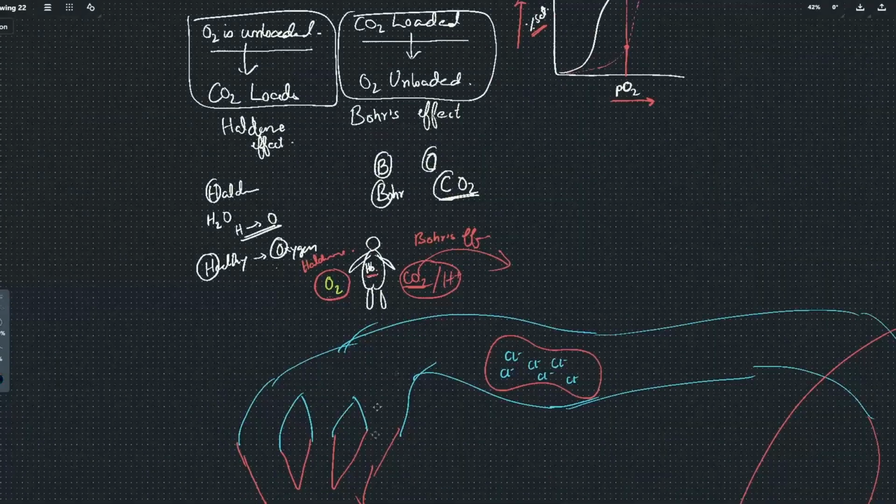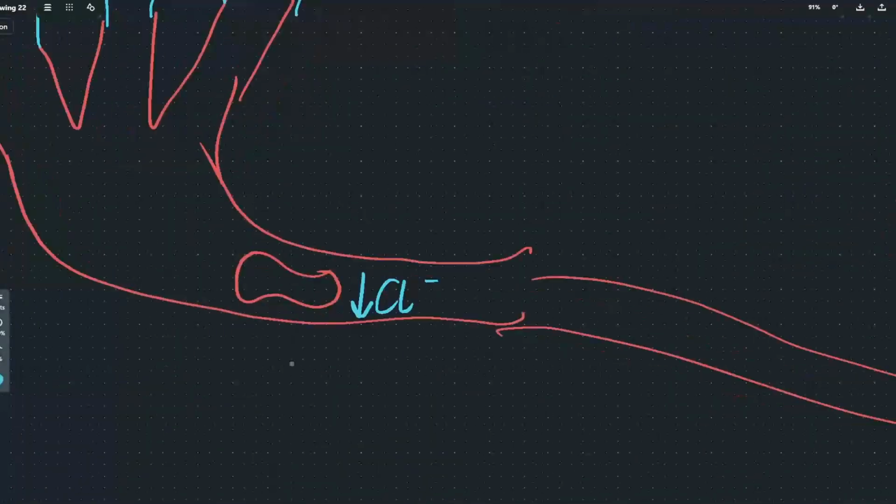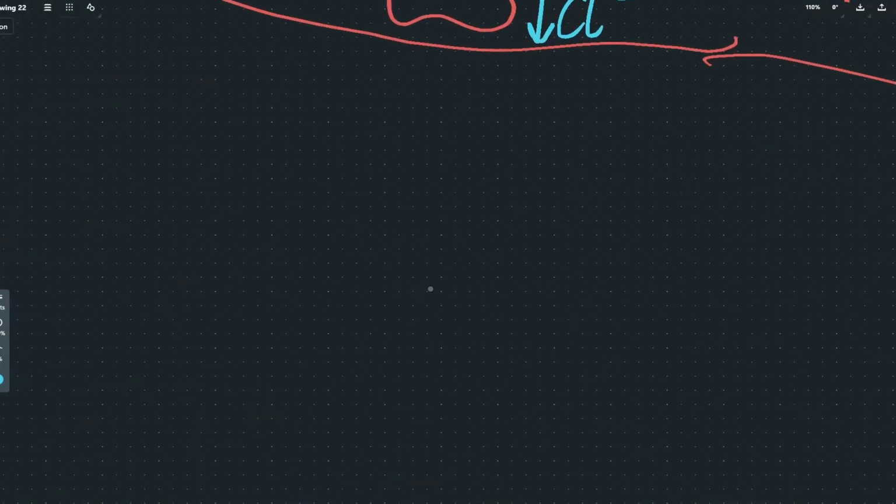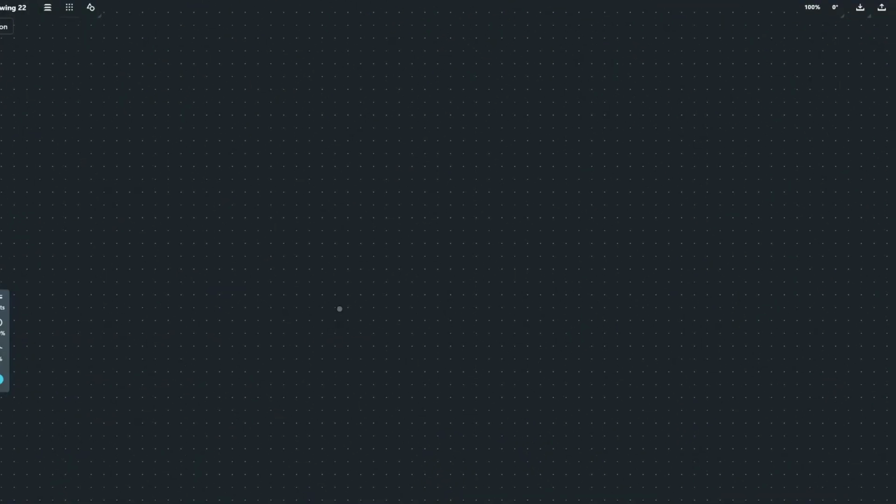Now there is another interesting thing: as the oxyhemoglobin forms, too much oxygen attaches with the hemoglobin. As I've told you, its affinity for CO₂ decreases. It means that it can bind less CO₂, as well as less proton.